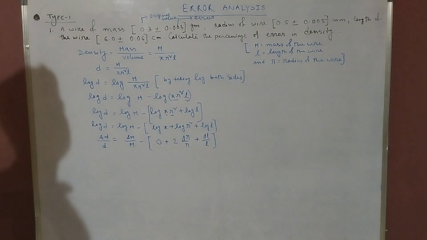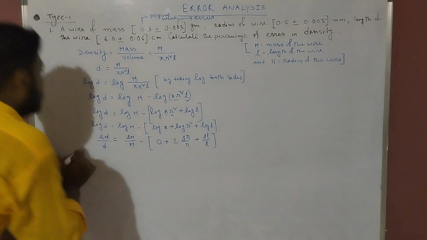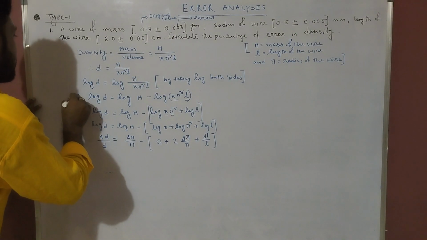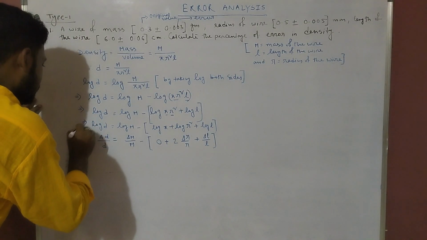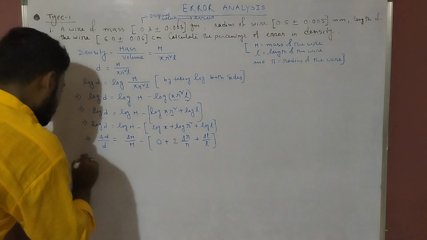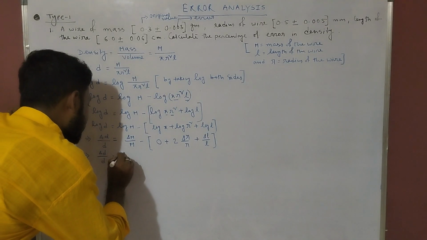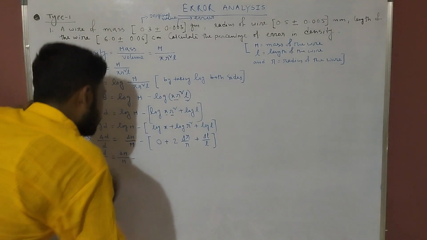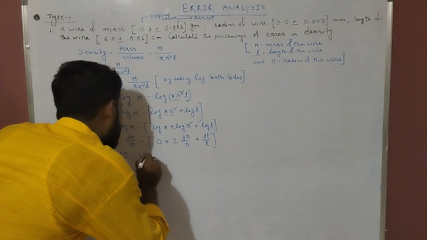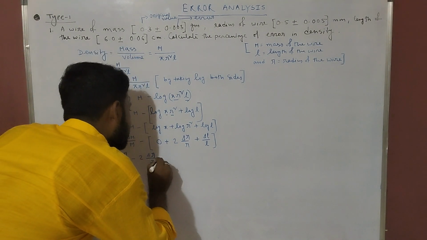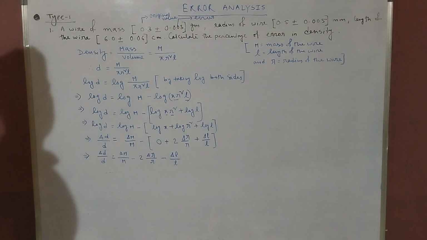Understood or not? So we can write del d by d is equal to del m by m minus 2 into del r by r minus del l by l. Understood or not?